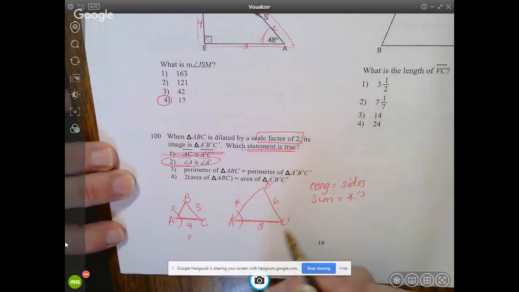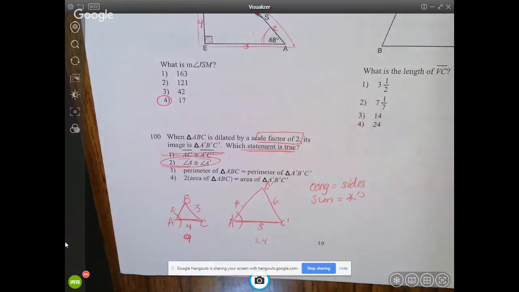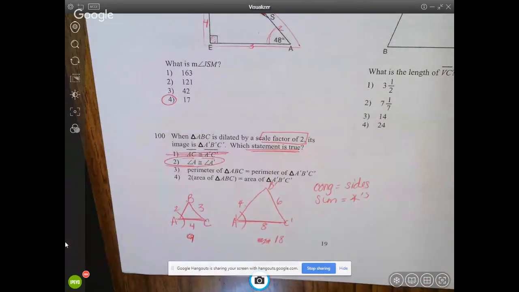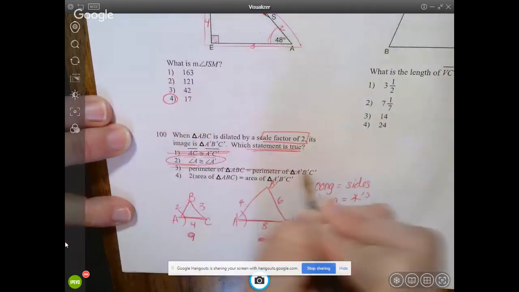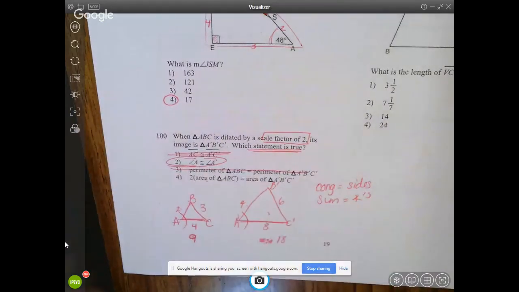If we add this up, we get 24. Wait, no, we don't. 5, 9. We get 9 here. If we add this up, we get 18. Jeez Louise. So it's not 3. And then 2 times this area equals here, and that's also not the case.